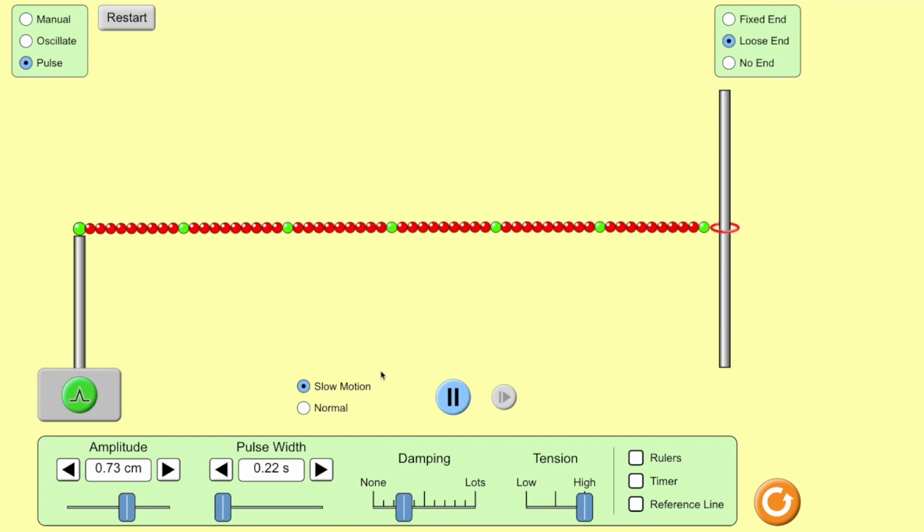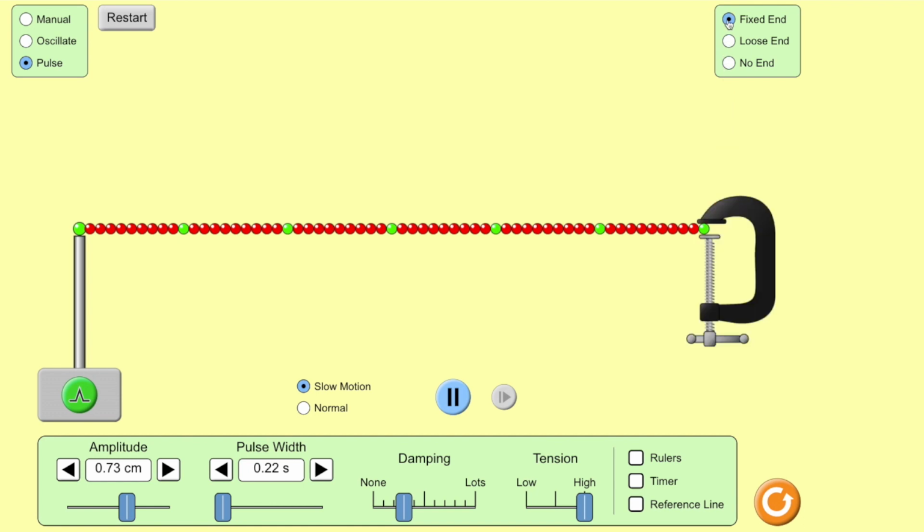So you can also experiment with these options with the damping, even though we won't be going into what damping is. You can experiment with the tension. Something else that you can change is what is happening on the right hand side. So right now I have a loose end, which is a ring going up and down this pole, this shaft. Okay, if I select a fixed end, then the end will not be moving.